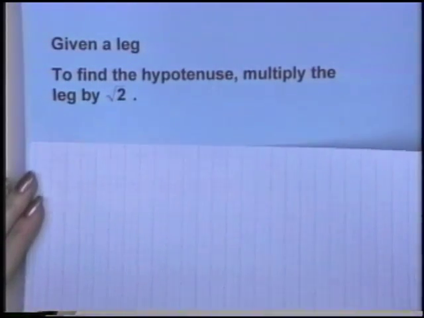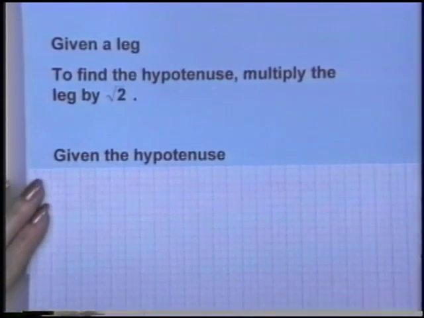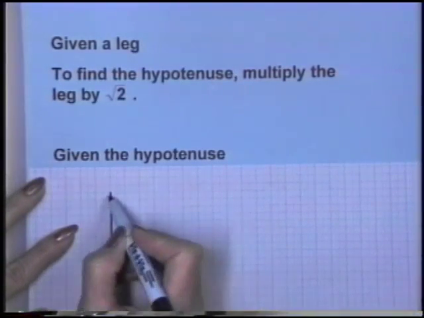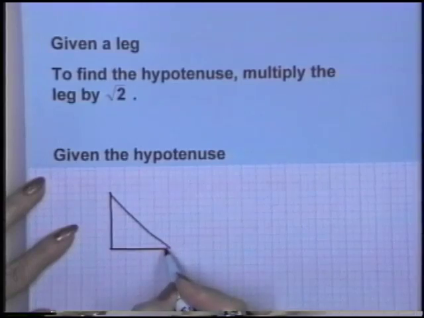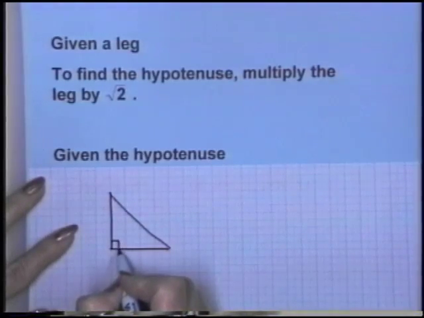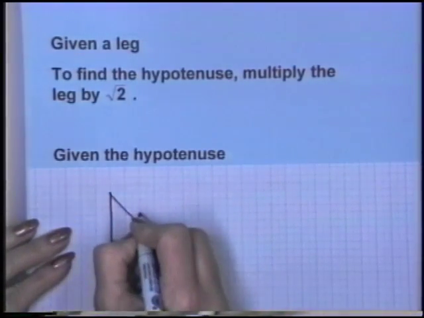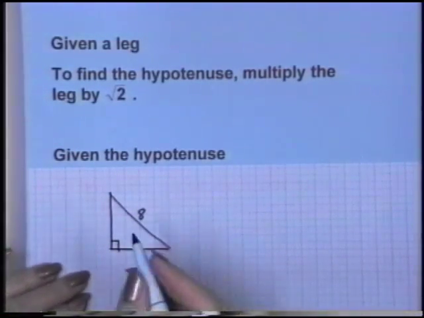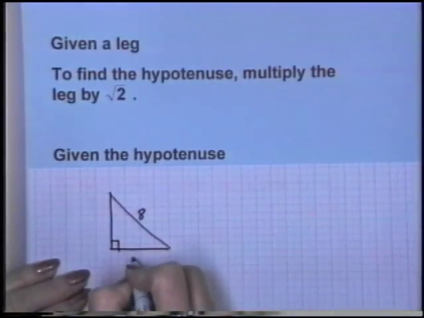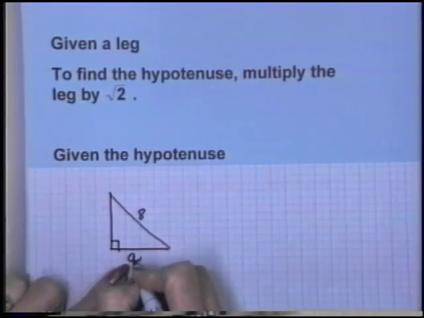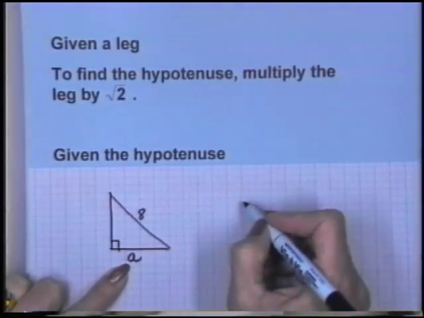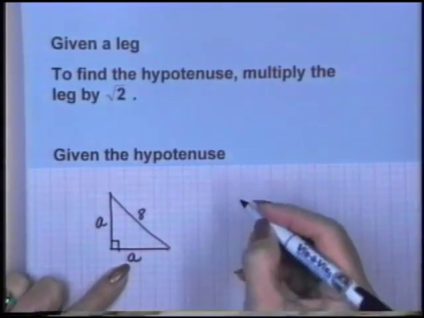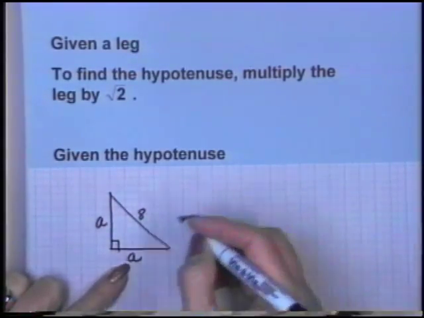Now what if you're not given a leg? What if you're given the hypotenuse? Well, let's pretend like my hypotenuse is 8. Well, what I know is that, let's call this side A or leg A, and of course this is leg A also because they are equal.